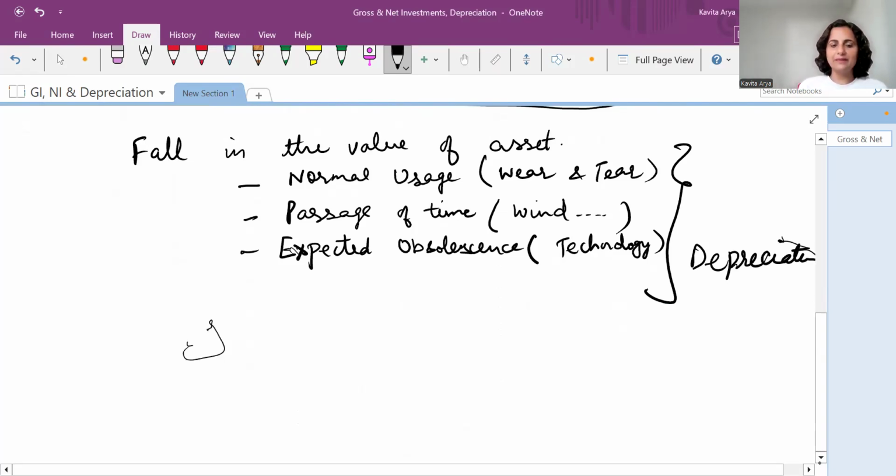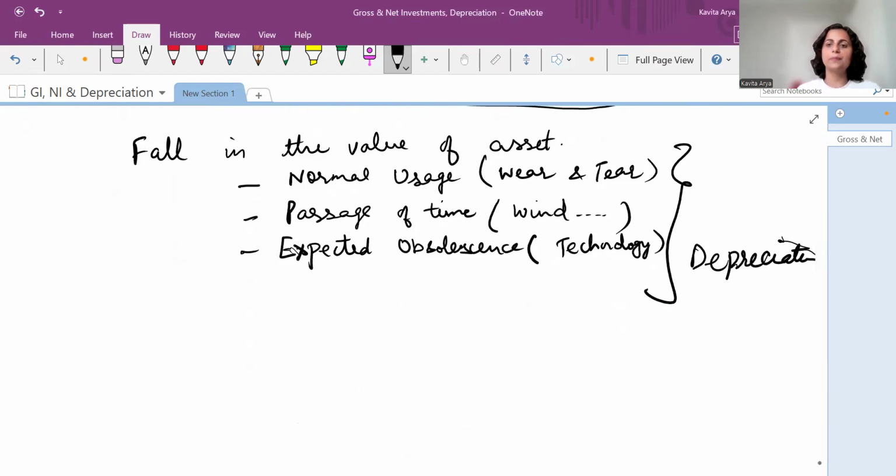Depreciation has got some other names as well. And what are these names? These are the consumption of fixed assets, or the current replacement cost, replacement of assets, etc. So you would be finding it differently named in different numericals.